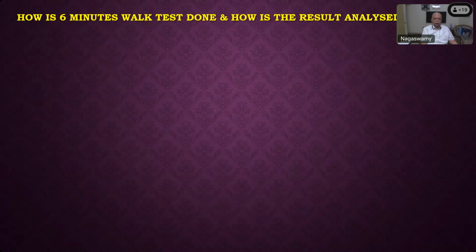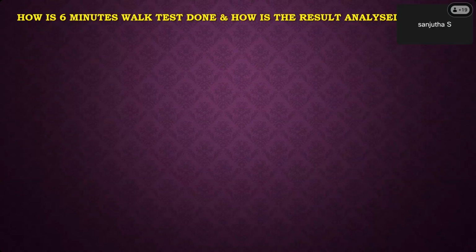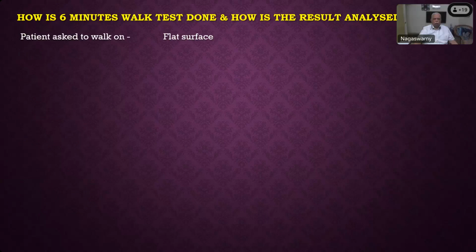How is the 6-minute walk done and how are the results analyzed? In a closed room, the patient is asked to walk at his or her own pace. Very good. The patient has to walk on a flat surface.